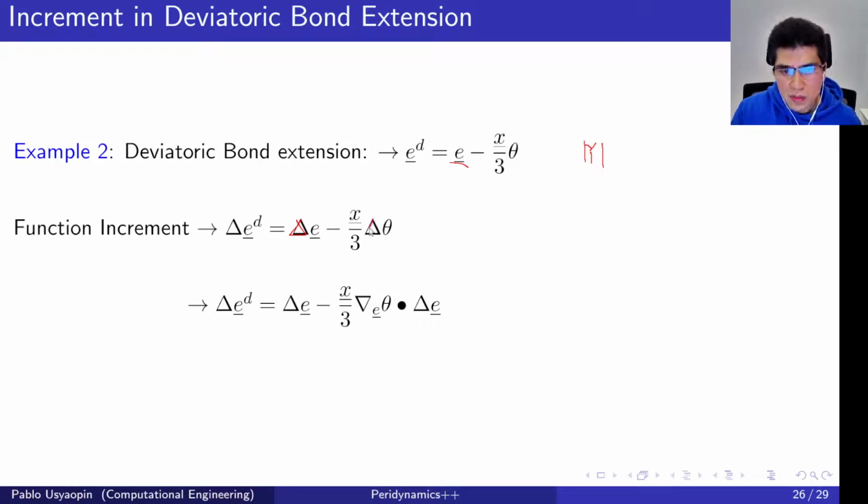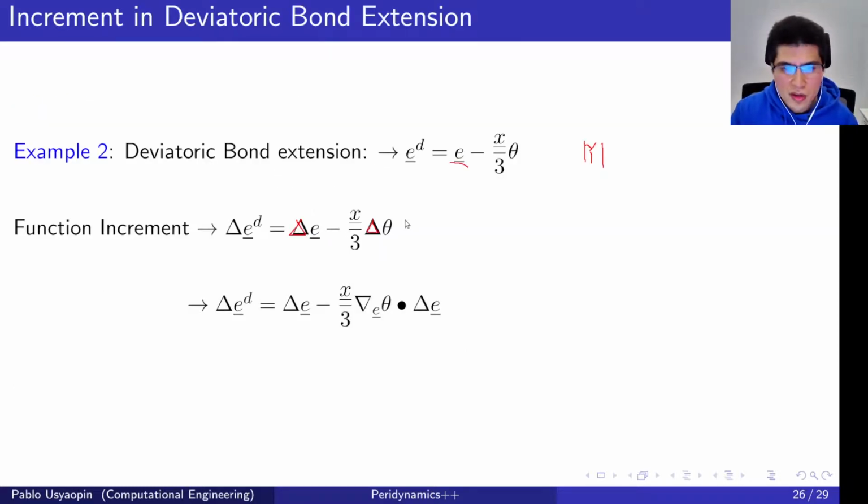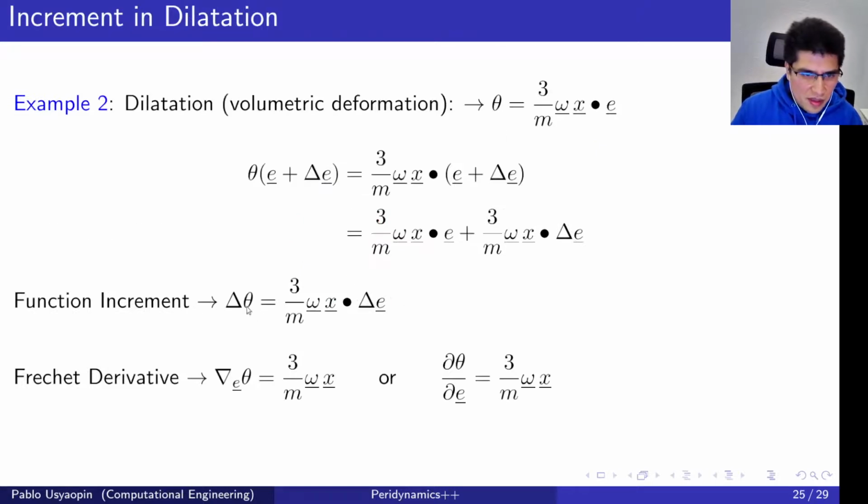And then you apply an increment again on theta. Why? Because we know that theta depends on e, and e depends on y. So this part stays the same, x over 3 stays the same, and we know that the increment of theta can be expressed as here.